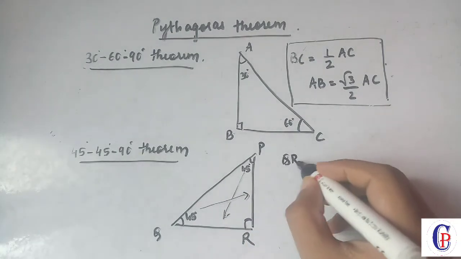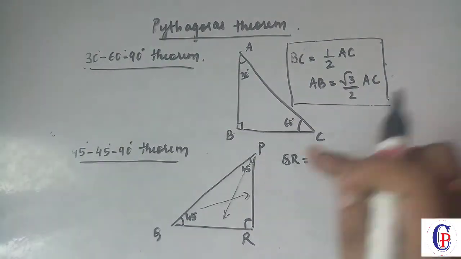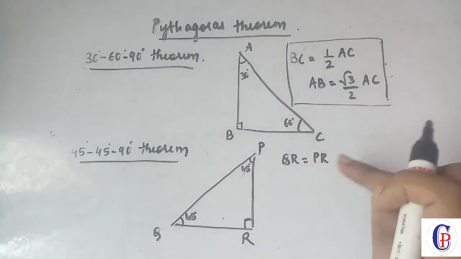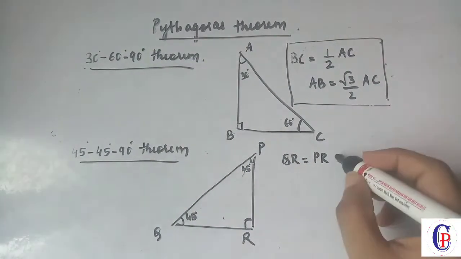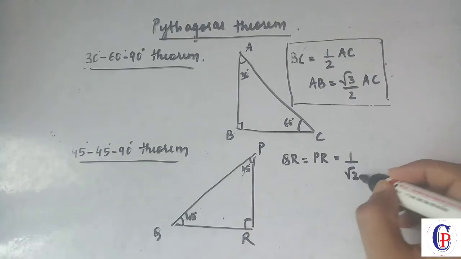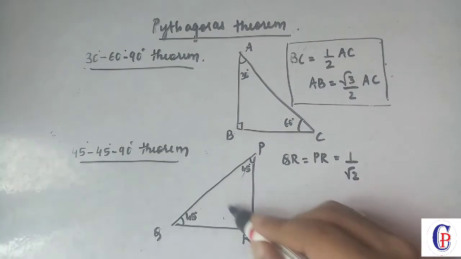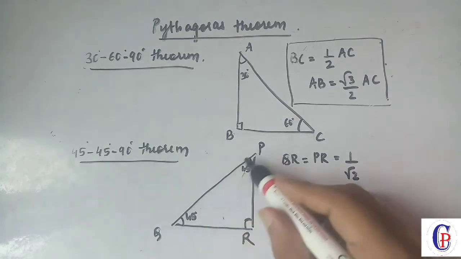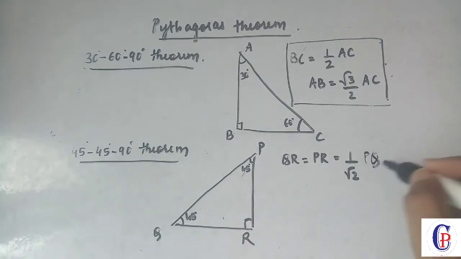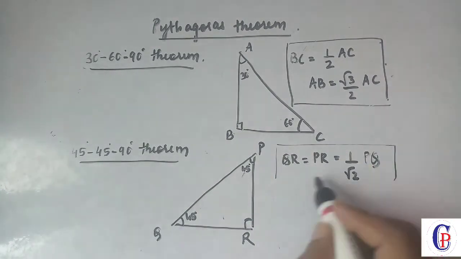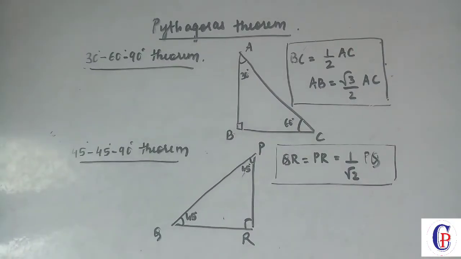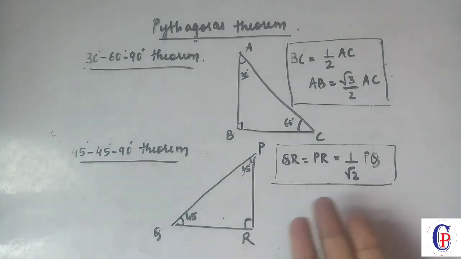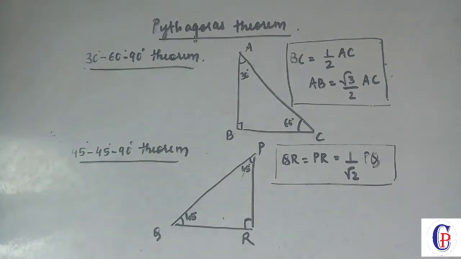They both are equal, and they both are equal to root 3 upon 2 hypotenuse. Which is the hypotenuse? This PQ. So there is only one result from the 45, 45, 90 degree theorem, and the same goes with its converse. If you get this result, you can say it is a 45, 45, 90 degree triangle.